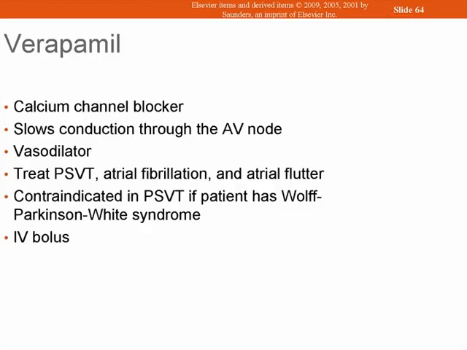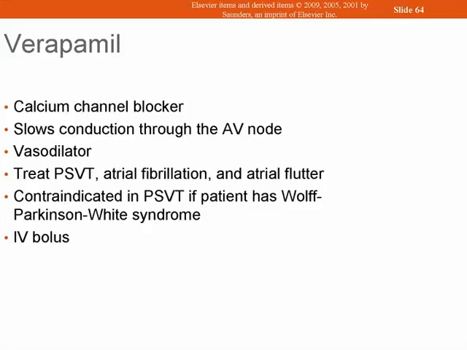Verapamil is a calcium channel blocker that is used to slow the conduction of the electrical impulse through the AV node, but it also has vasodilatory activity, so it will also cause vasodilation. It's used to treat paroxysmal SVT, atrial fib, and atrial flutter.